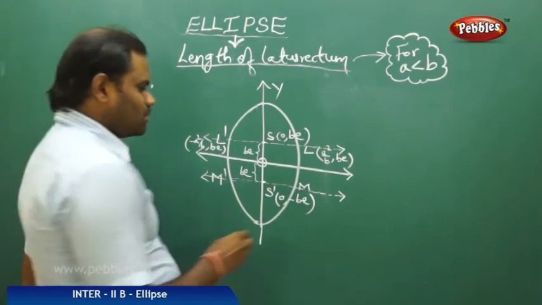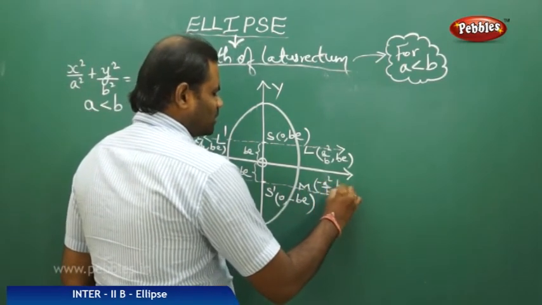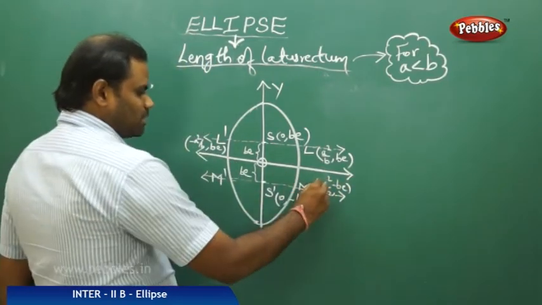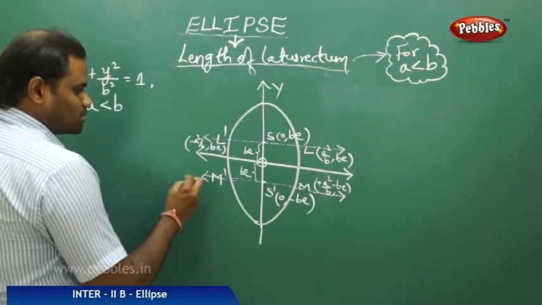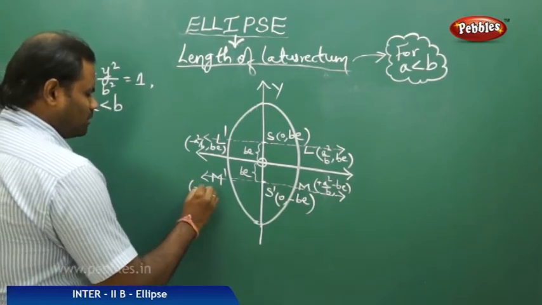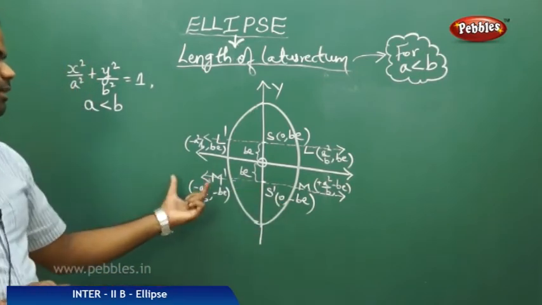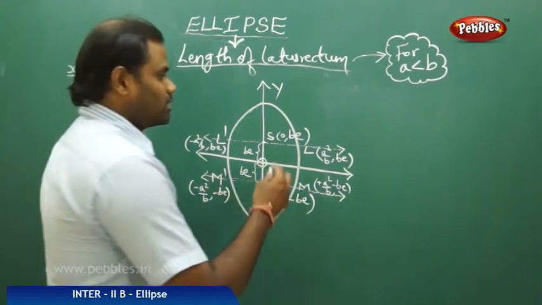And for M, it is (a square by b, comma minus be), and M dash is (minus a square by b, and minus be). Is how we get all the four extremities of the lateral recta for A less than B.